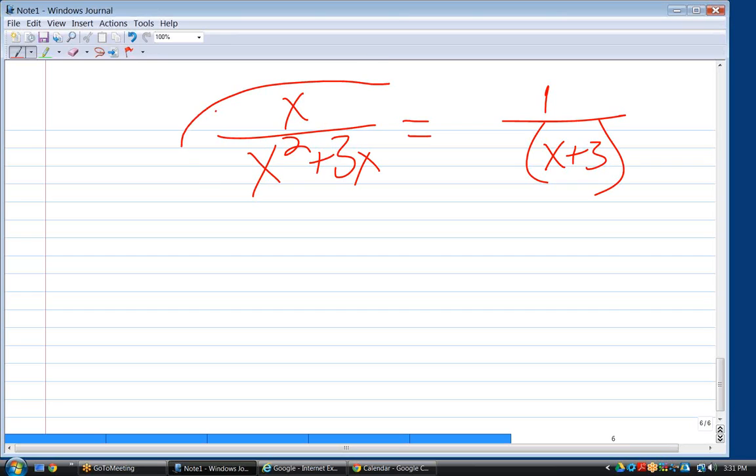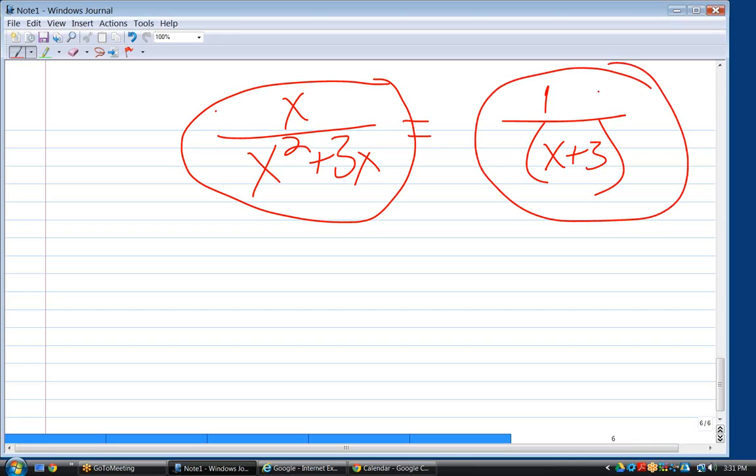In other words, in this function, x cannot be equal to 0, right? And yet, I can reduce this by dividing top and bottom by x. It reduces to this, but it does not take away the domain restriction. x can still not be equal to 0.